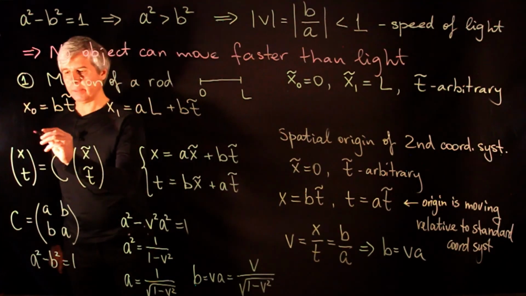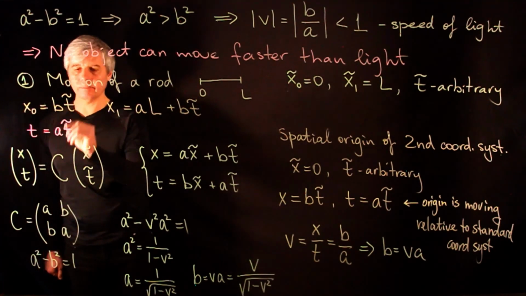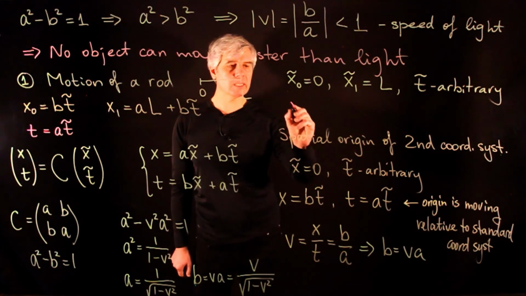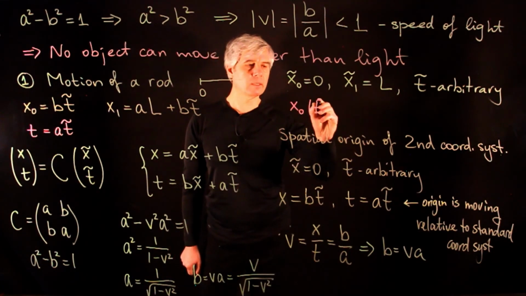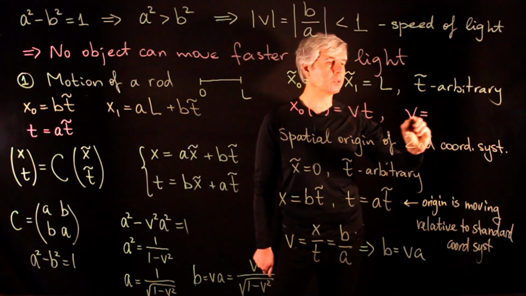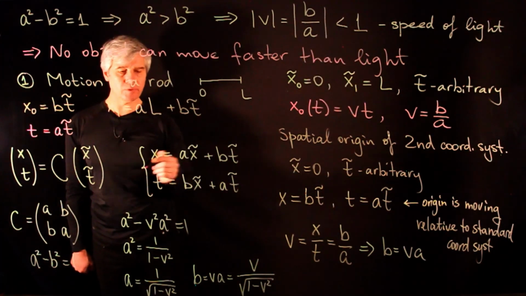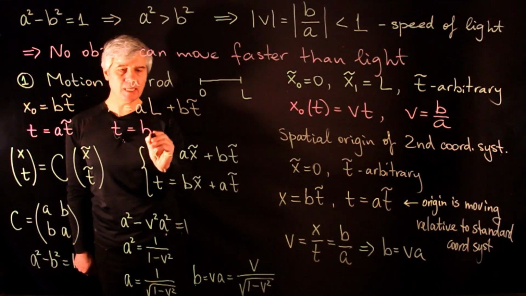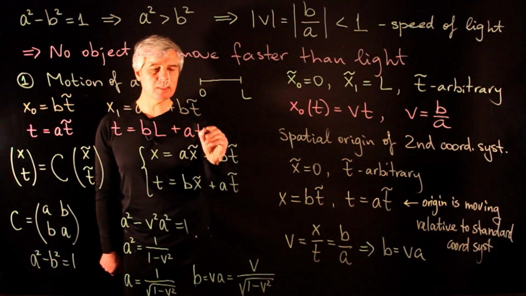For the left end, t is equal to a times t tilde. And just as we have done in this calculation, we see that the trajectory x0 of t is v times t, where v is equal to b over a. Now, for the right end of the rod, t is given by the formula b times L plus a times t tilde.